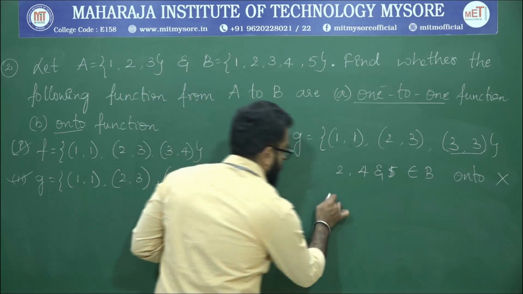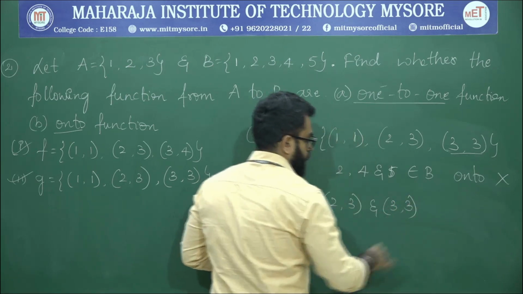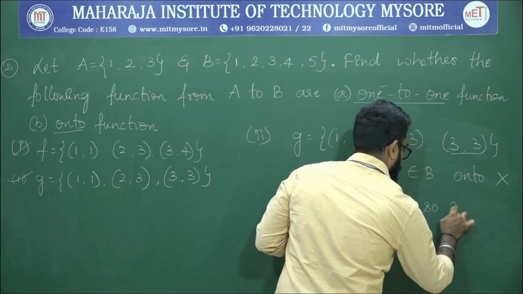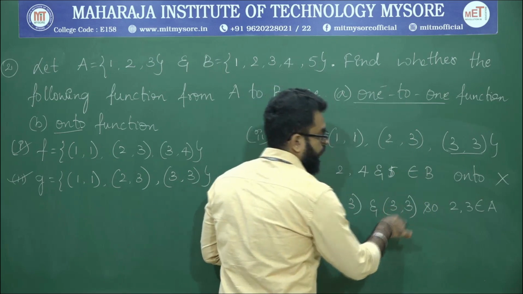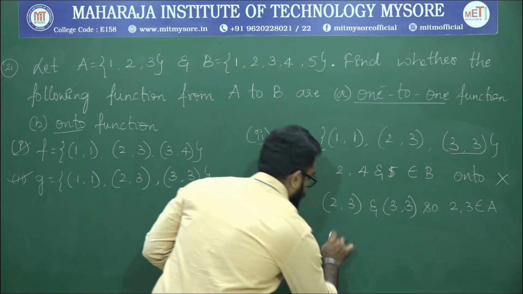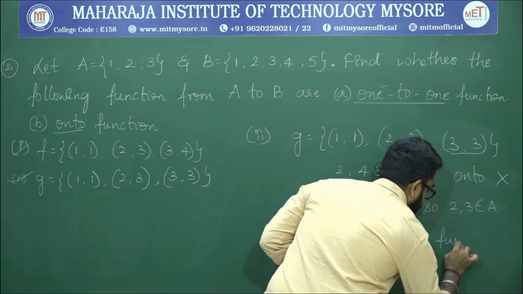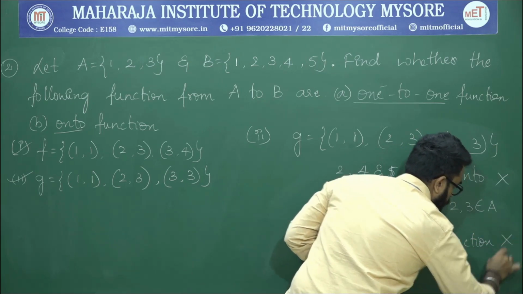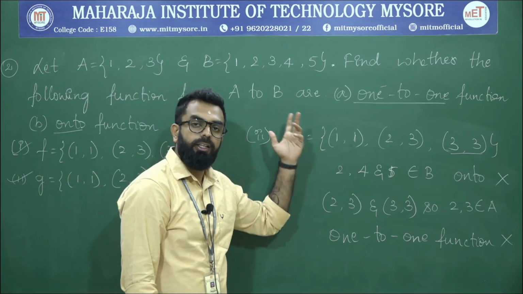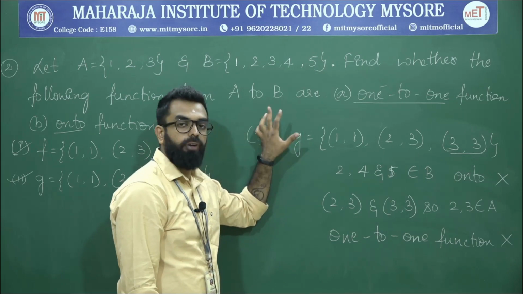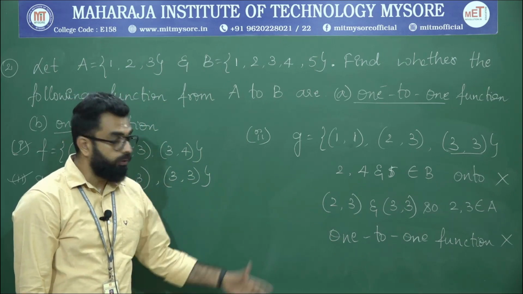Then (2, 3) and (3, 3): elements 2 and 3 that belong to set A are mapped to the same element 3, so it cannot be a one-to-one function also. One-to-one is also ruled out. But still g is a function because it is a subset of the Cartesian product. So g is a function, but it is neither a one-to-one function nor an onto function.